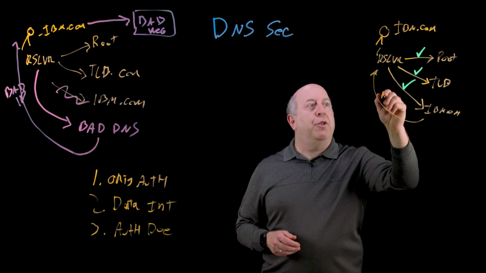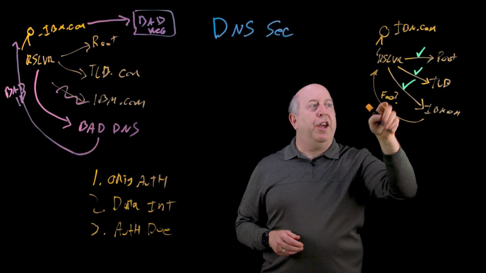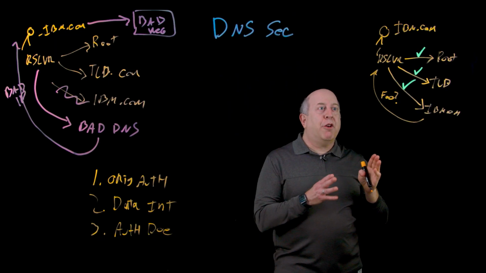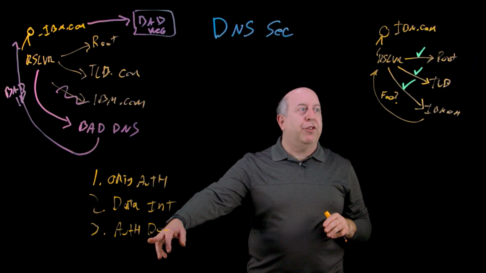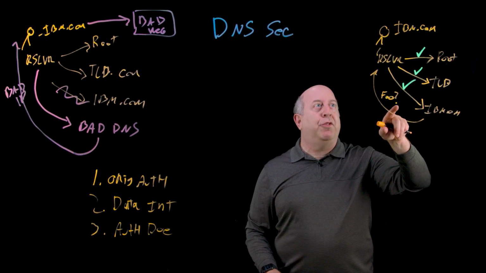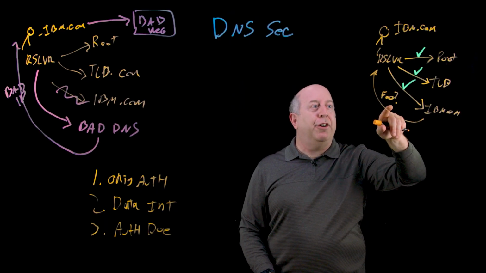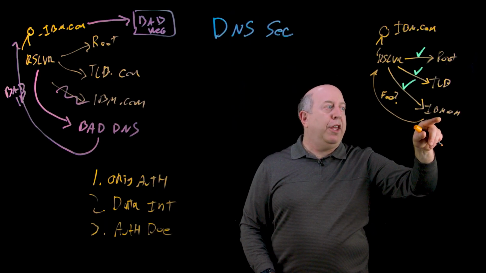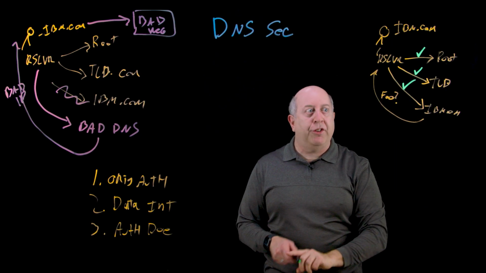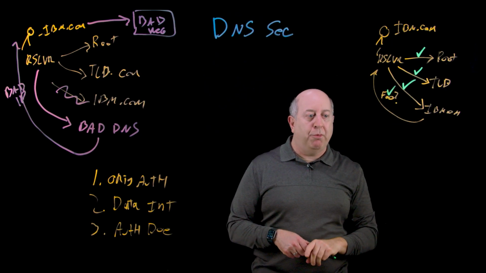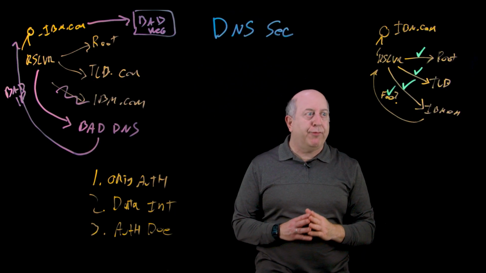It's going to say foo doesn't exist. I don't know what foo is. How do I know that foo really doesn't exist? And that's what authenticated denial of existence does. It's a method so that the resolver can validate that when the IBM.com server says foo doesn't exist, it really knows that foo doesn't exist, and it's able to put a check mark on that as well.